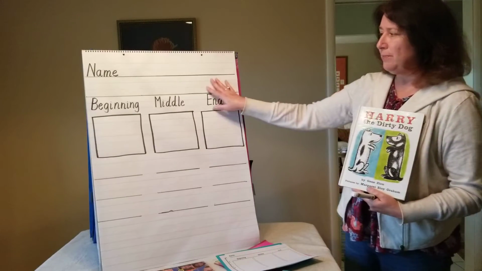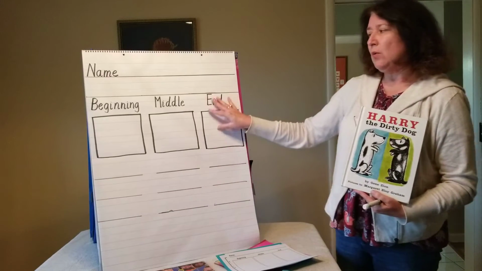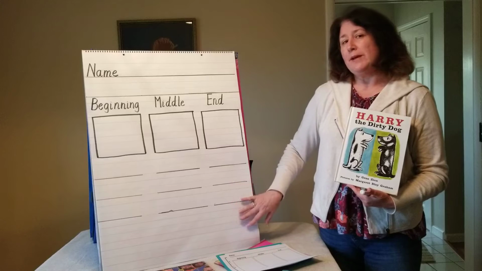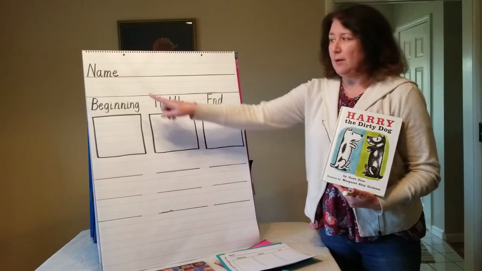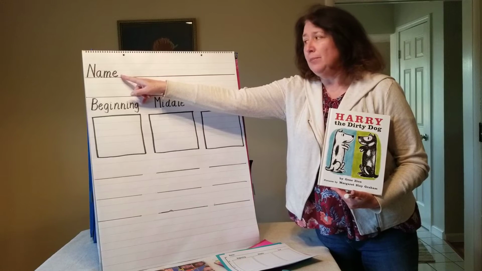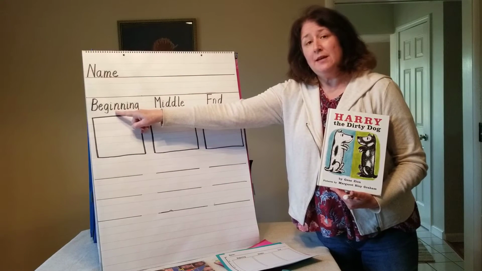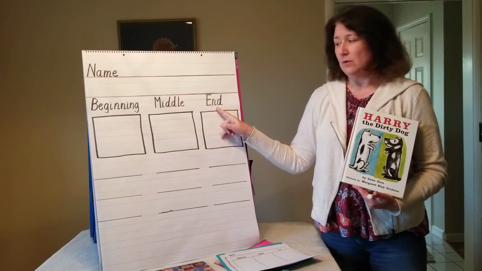And I have up here a graphic organizer, and that's a way to use pictures and words to organize information. And this graphic organizer has a place for you to write your name at the top, of course. And then it has the words beginning, middle, and end, okay?